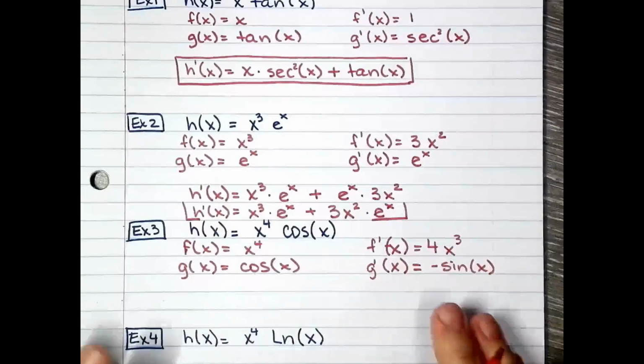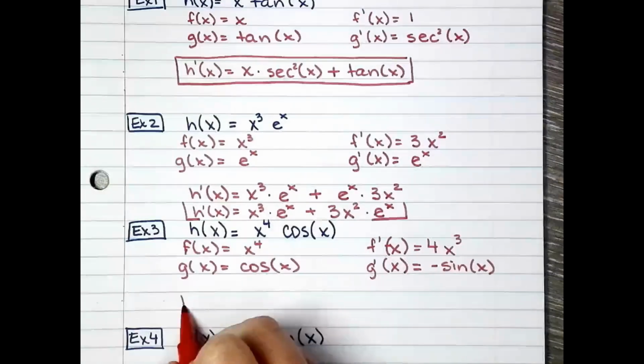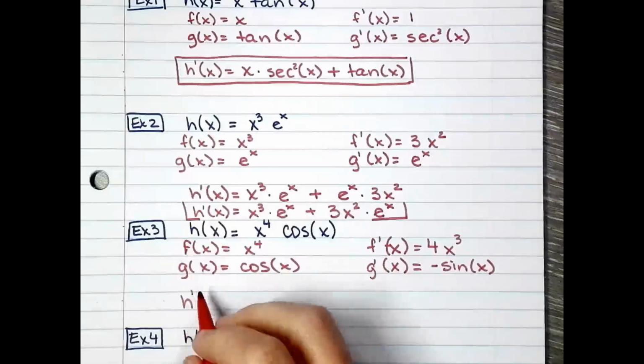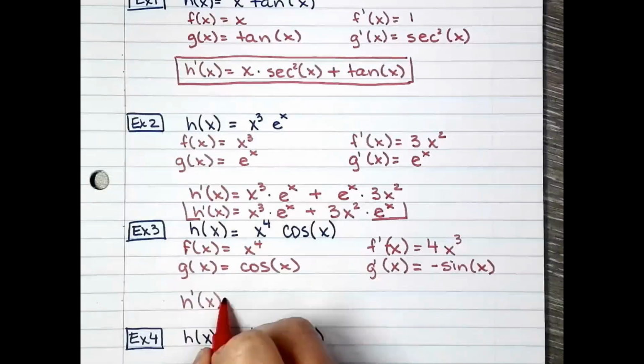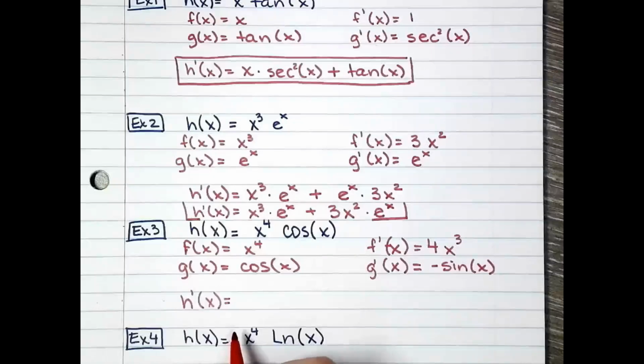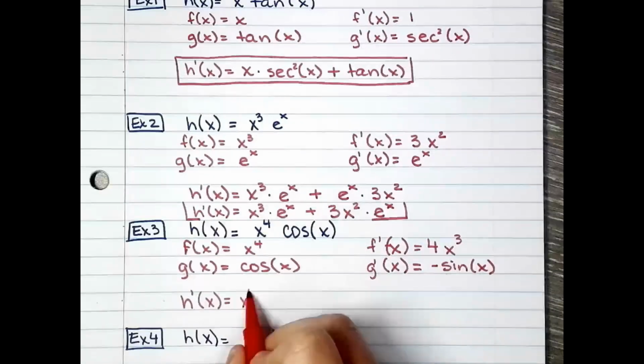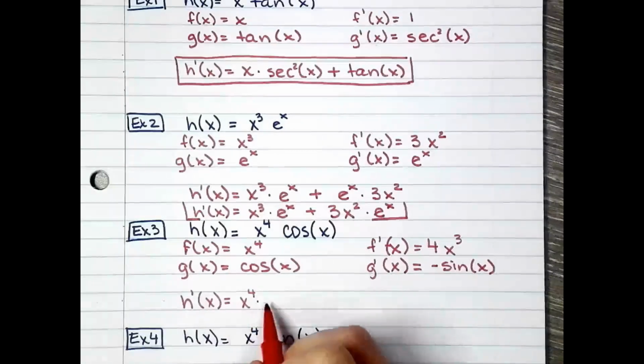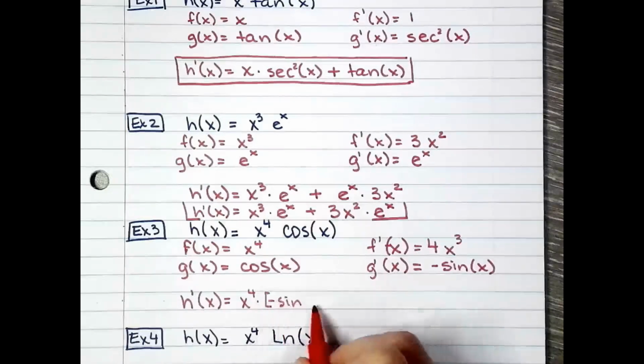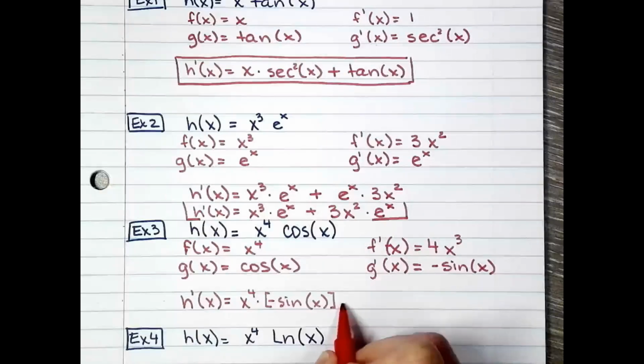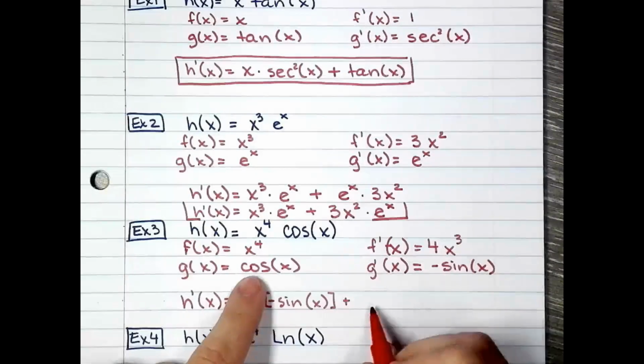Now that we have everything we need, we just bring it all together. So f is x to the 4th. G prime is negative sine of x plus g. G is cosine of x.